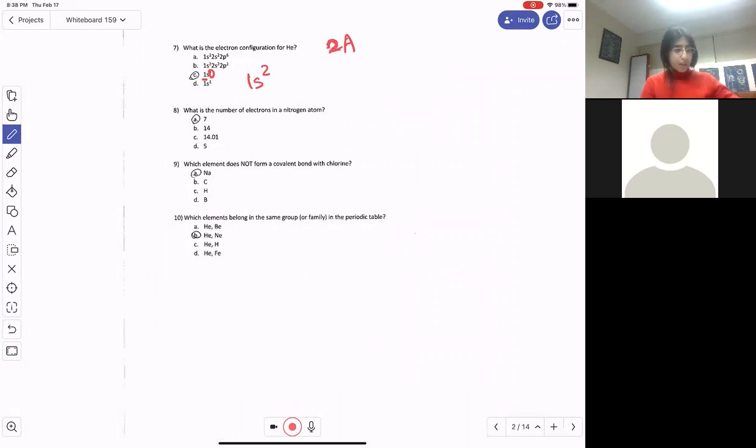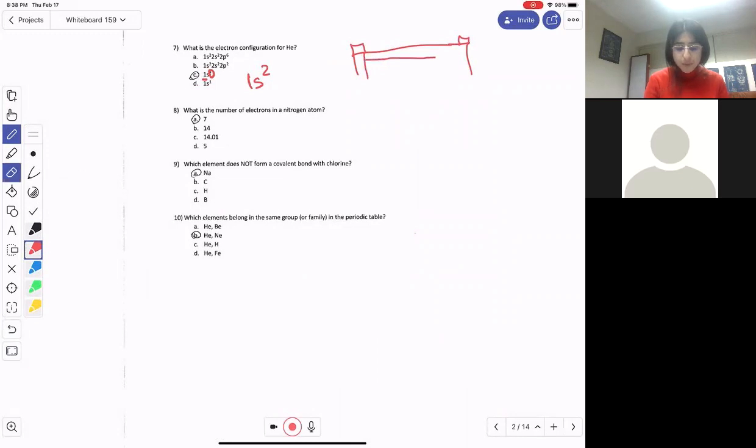Oh, I just messed this up. So, I just designed this question to confuse you, and I just confused myself. So helium, if you look at the periodic table, helium is an exception. You have your periodic table like this, right? Just messing this up.